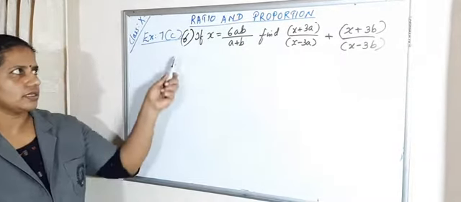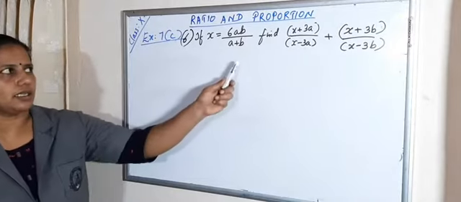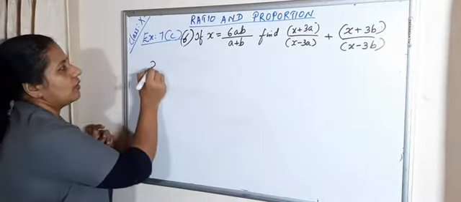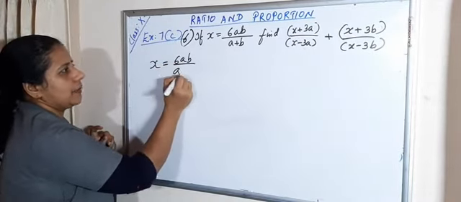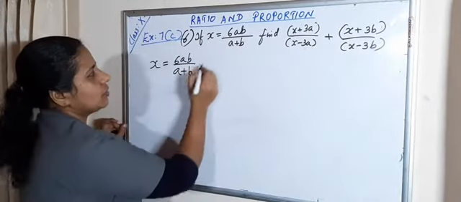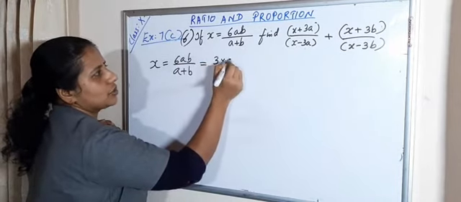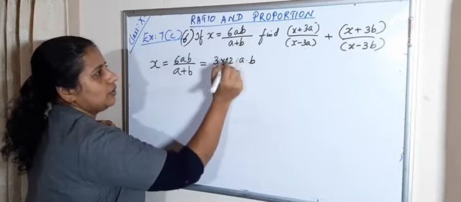Next question, sixth one. If x is equal to 6ab by a plus b, find. Only given x equal to 6ab by a plus b. Look here, 3a is here. So we can write this 6ab as 3 into 2 into a into b.